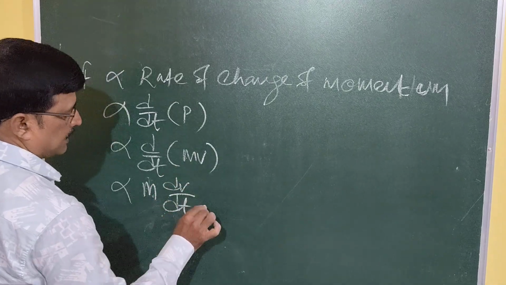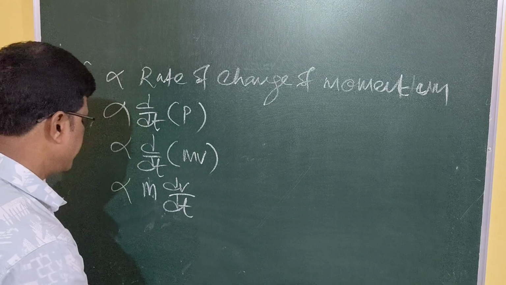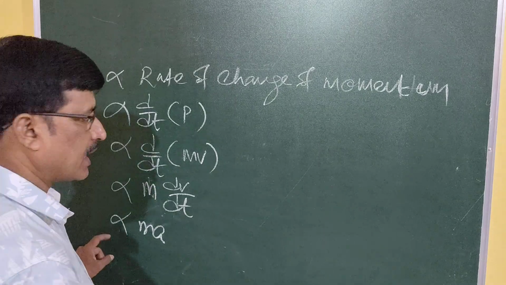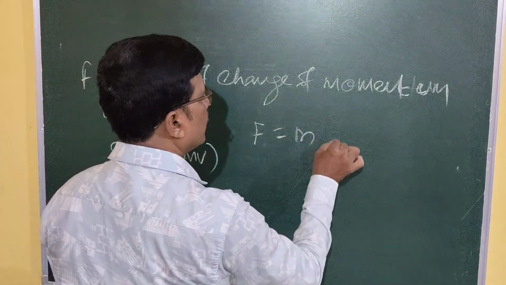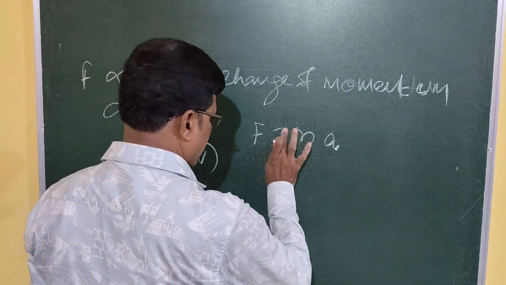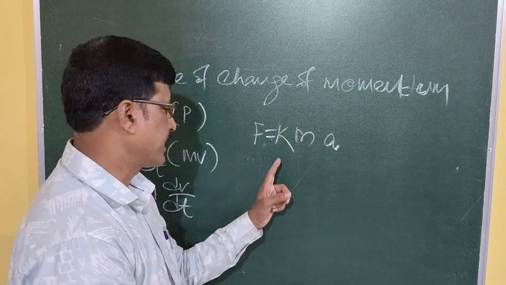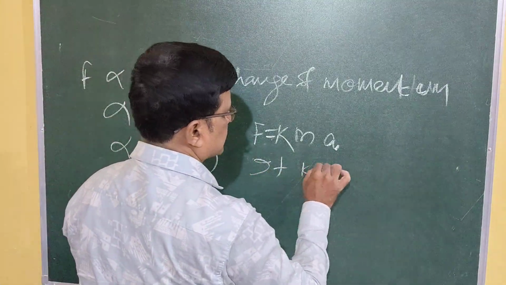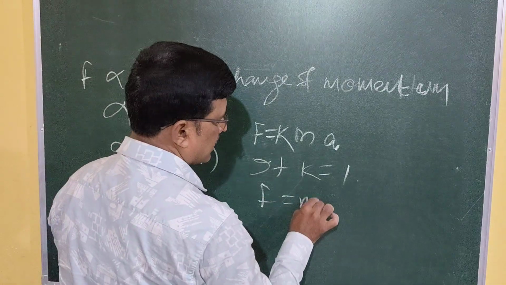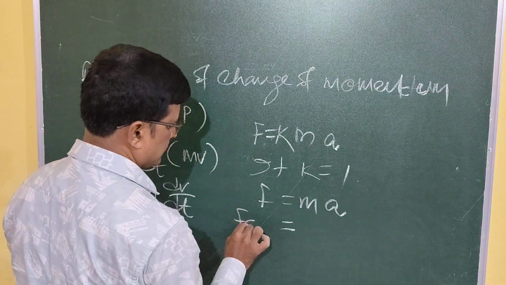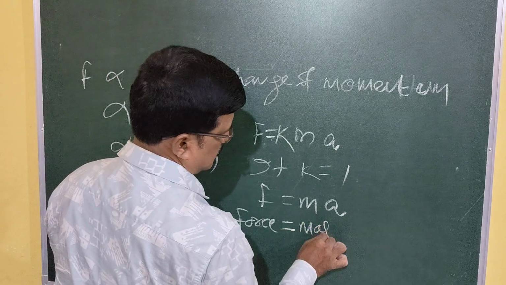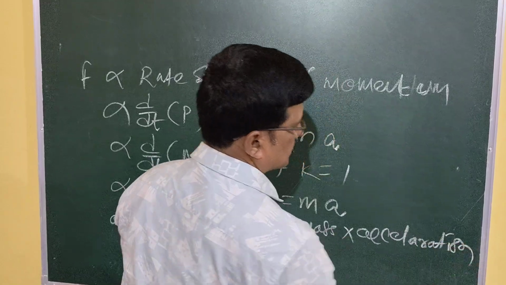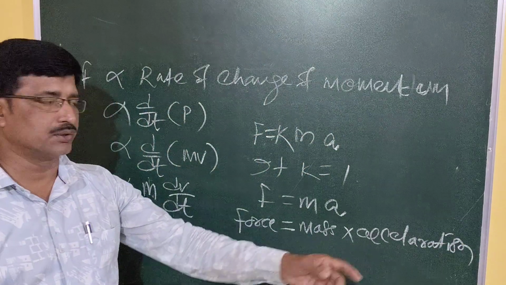But we know dv/dt is equal to a, so F is proportional to m into a. If we take out the proportionality, we can write F = kma, where k is the proportionality constant. If k is equal to 1, then F = ma, or force is equal to mass into acceleration.